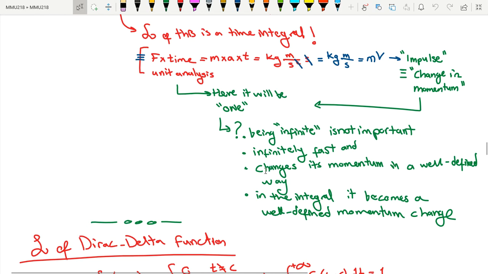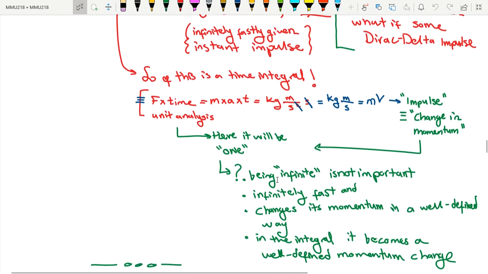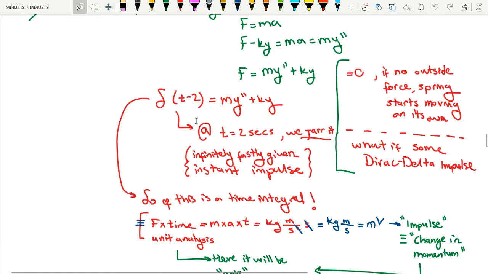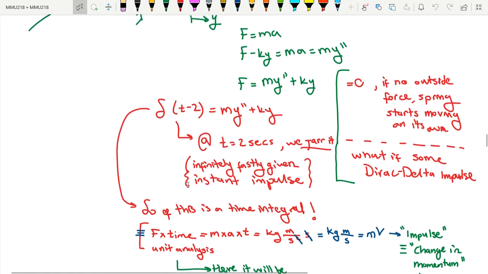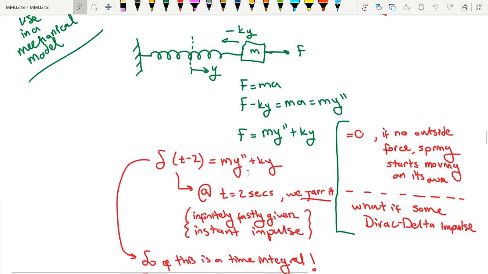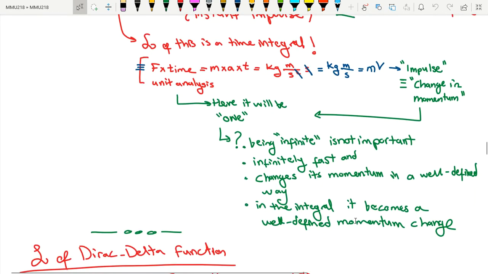Only when you take the time integral of such a delta function does it become a well-defined momentum change. Why is that so? Because this delta function, when taken into a time integral, leads to a well-defined momentum change, as we can see from the units.